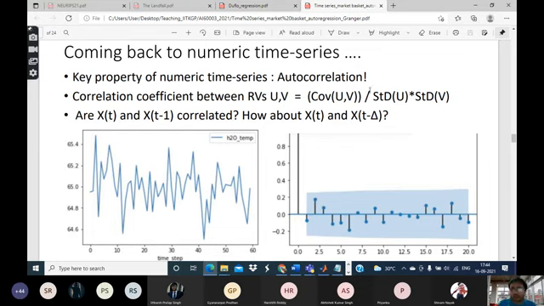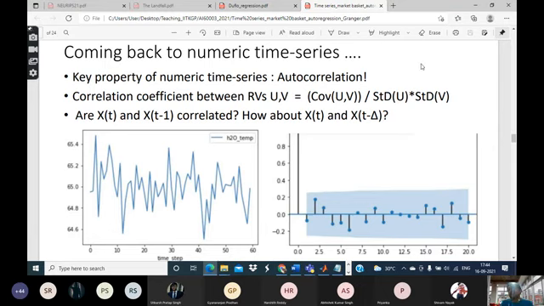Now the square root of variance we know is called the standard deviation. So the Pearson correlation coefficient between any two random variables u and v is defined as the covariance between those two random variables divided by the square root of the product of the variances of the two variables, that is, root of variance of u times variance of v.